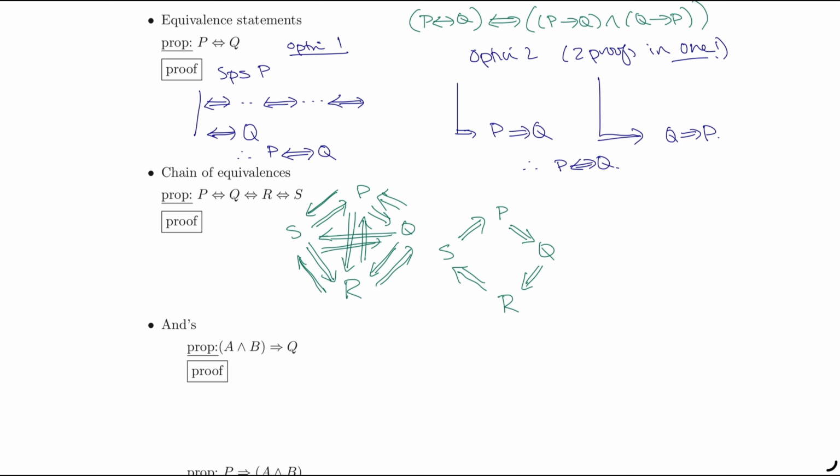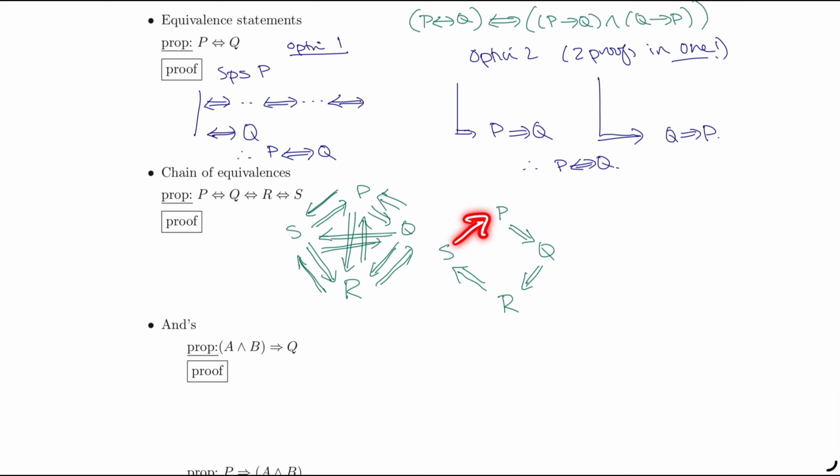S implies P. Then because implication is transitive, if P implies Q and Q implies R, then we know by our rules of logic that that's enough to conclude P implies R. And similarly, if P implies R and R implies S, that's enough to conclude P implies S. And we can similarly trace around.